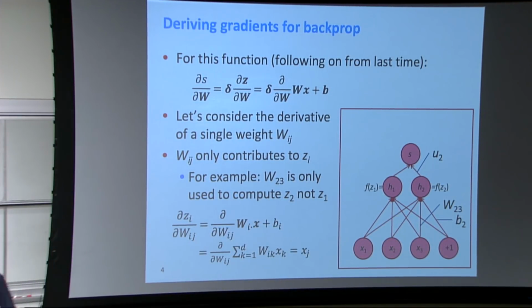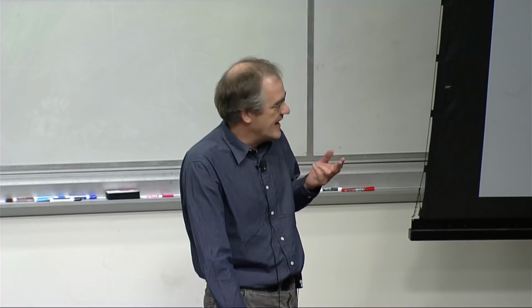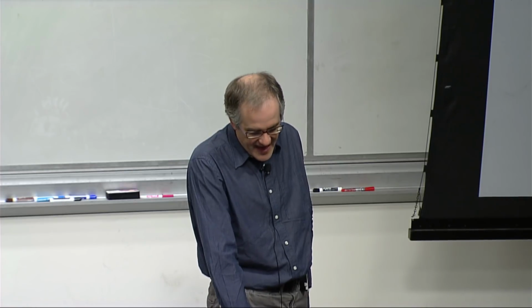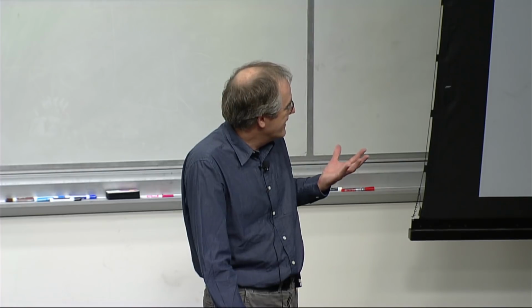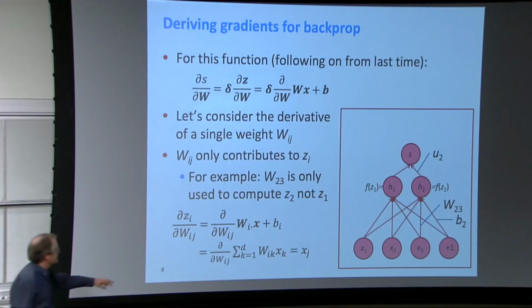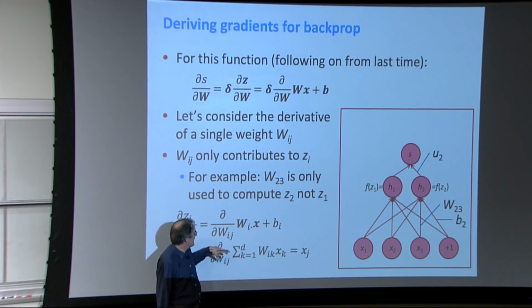Okay, so that means if we're thinking about the partial derivative with respect to Wij, it's only contributing to zi, and it's only doing anything with xj. So when we're getting the partial with respect to Wij, we can work that out just with respect to zi.